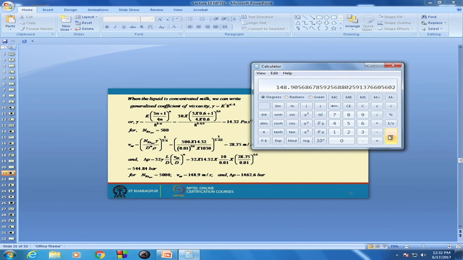Okay, so delta P then equals 32 gamma L by D times V average by D to the power n.